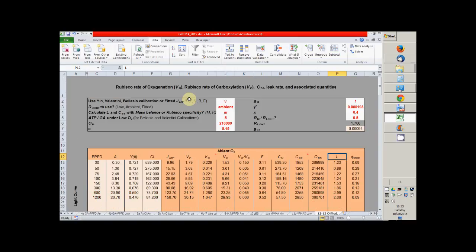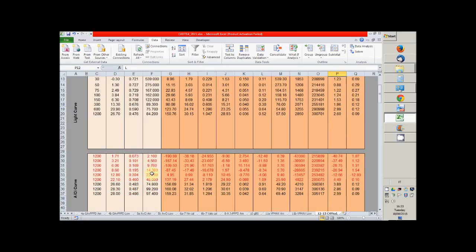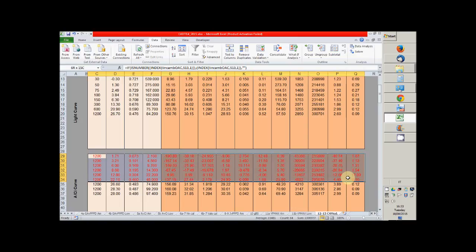This is generally valid when light is limited. So those data points which were assigned a limitation which is not light limitation, so all data points which were classified as enzyme limited, in this case assigned the limitation 1 and 2, are highlighted in red.